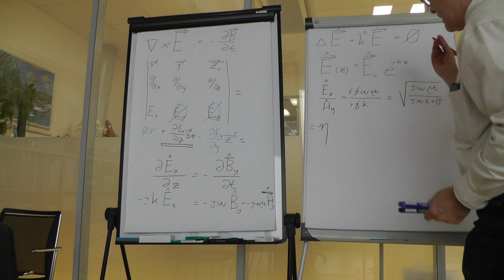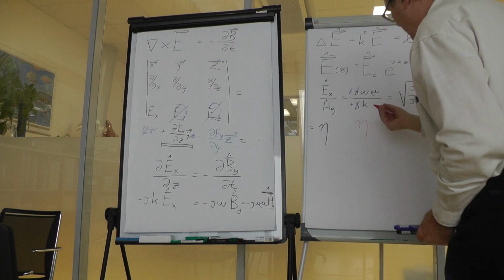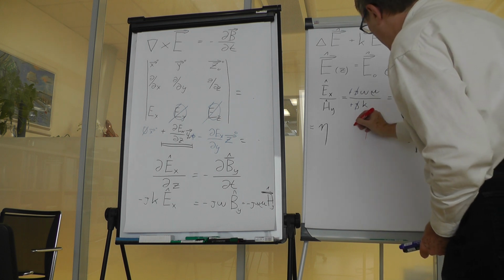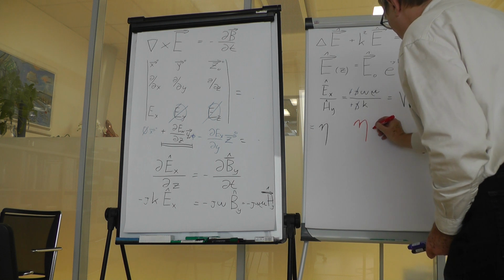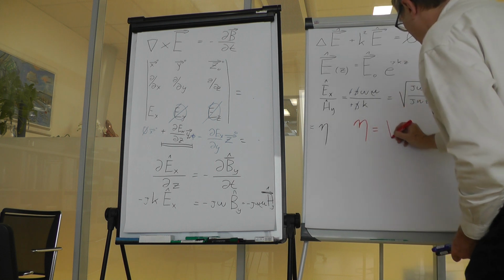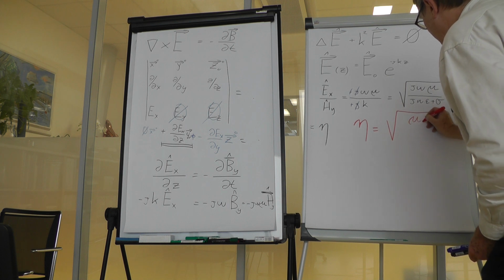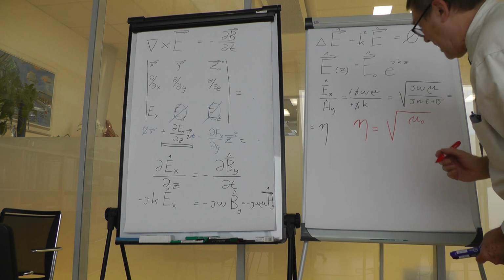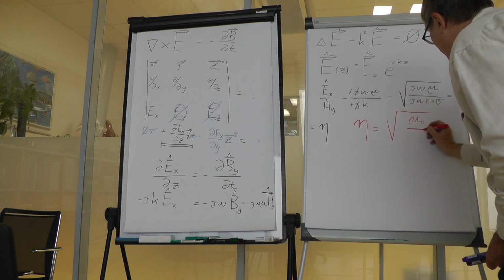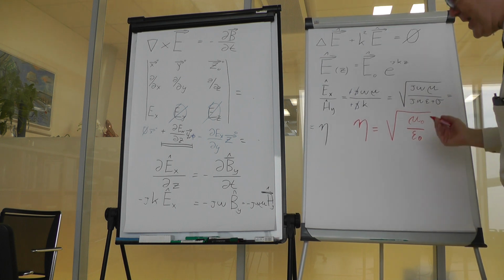I will try to get a red pencil. So, is it readable? Yep. So this would be the ratio between the free space permeability and the free space permittivity, because there is no conductivity within vacuum.